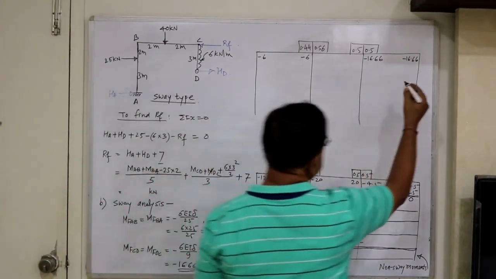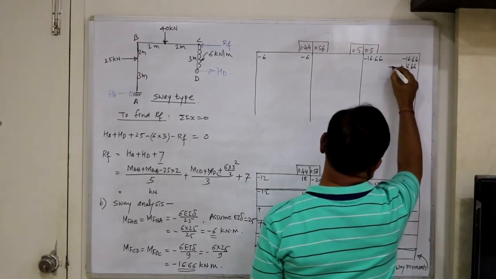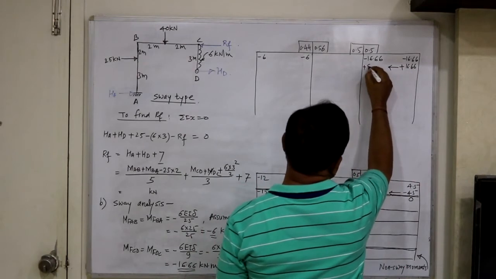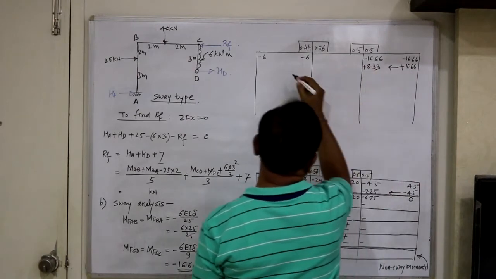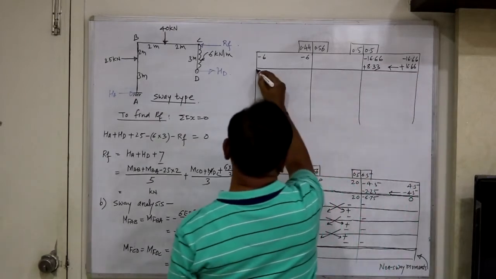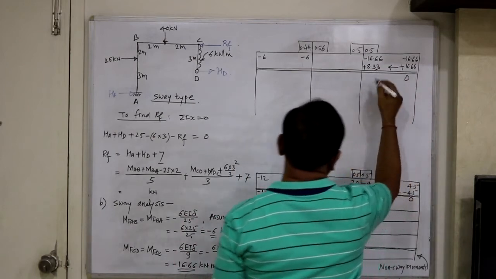Now because D is hinged, the moment is 0 there, so apply the equivalent opposite and carry over, say this is plus 8.33. Then find out the initial fixed end moments.